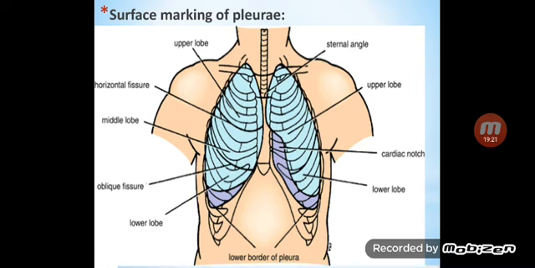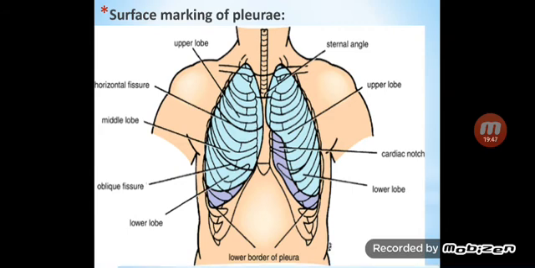You remember the articulation between the xiphoid process and the sternum is called the xiphisternal joint. This is the anterior border of the parietal pleura of the right side.